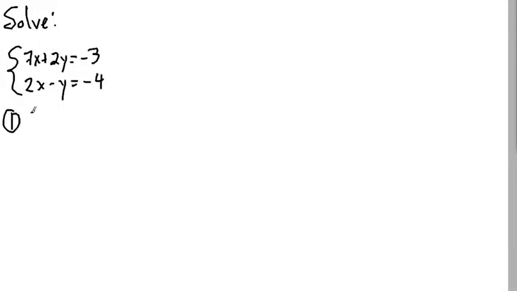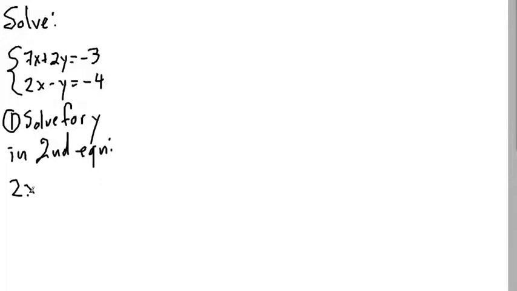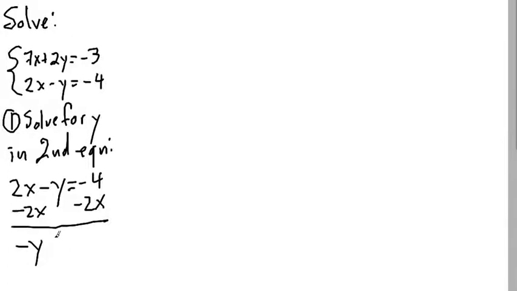So our first step is we're going to solve for y in the second equation. We've got 2x minus y is equal to minus 4. I subtract 2x from both sides, and this leaves me with negative y is equal to negative 2x minus 4.